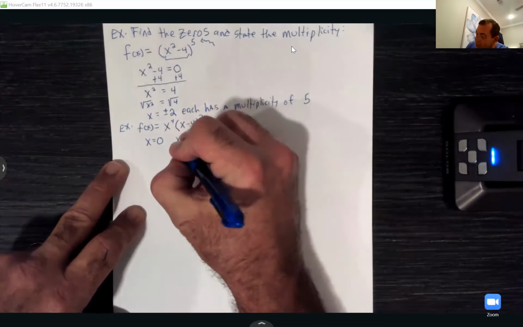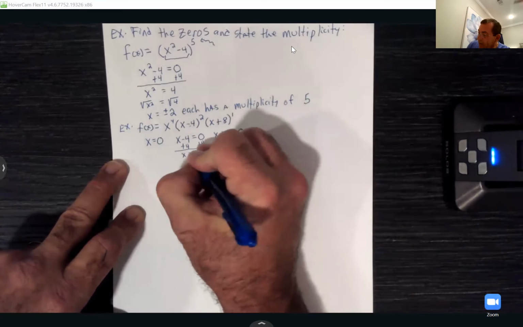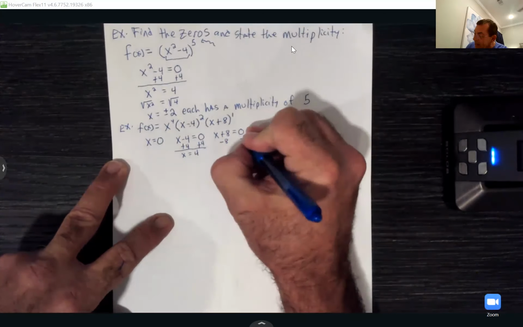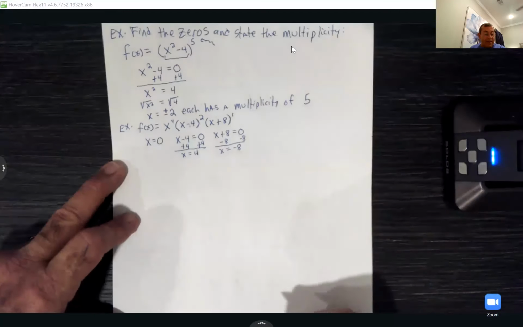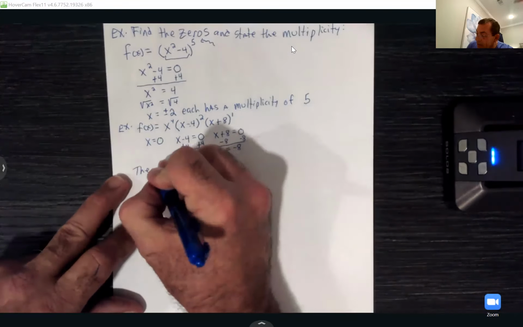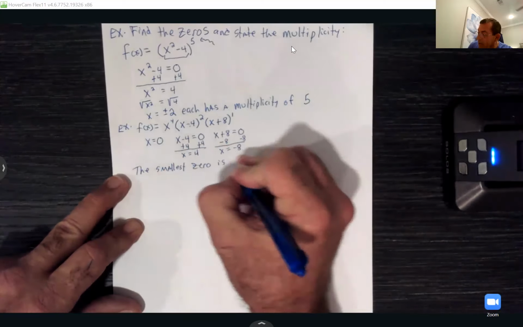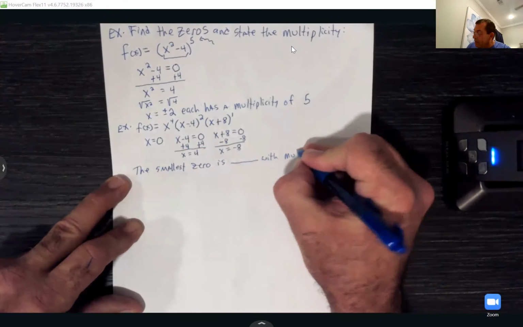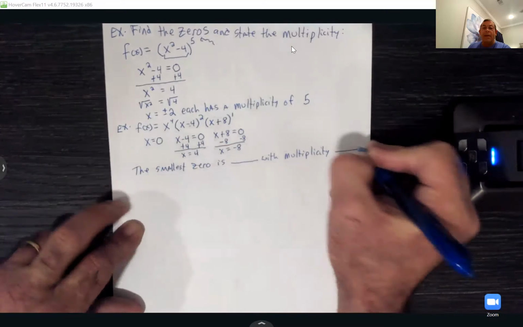So the first one here, I'm going to add 4. So my second 0 is 4, and y'all, the third 0, I'm going to subtract 8. And I get a negative 8. So let me show you how they want this answered. It says the smallest 0 is blank with multiplicity blank.